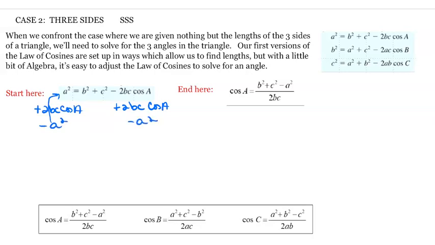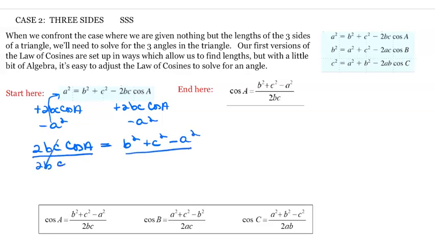That would give me 2bc cosine A equals b squared plus c squared minus a squared. Divide by 2bc, and you get cosine A equals b squared plus c squared minus a squared over 2bc. And that is exactly what we have written right here.